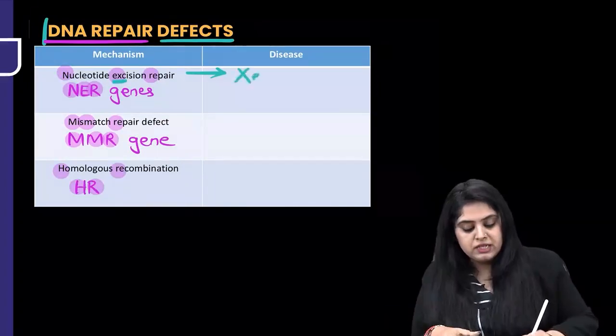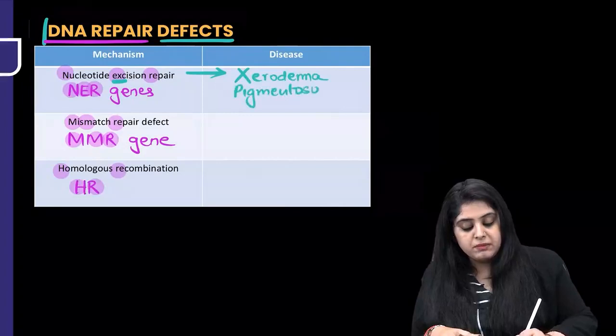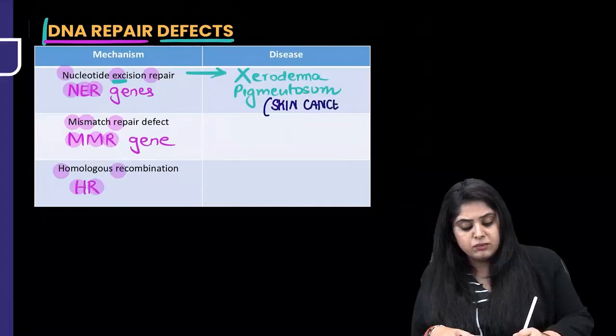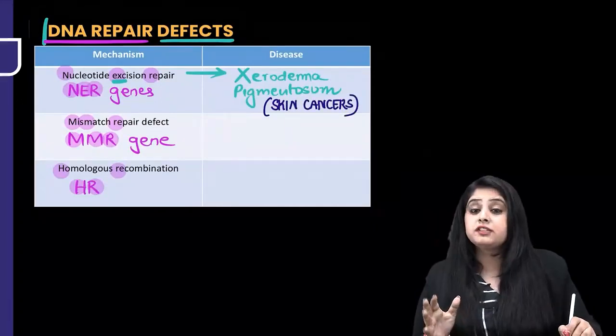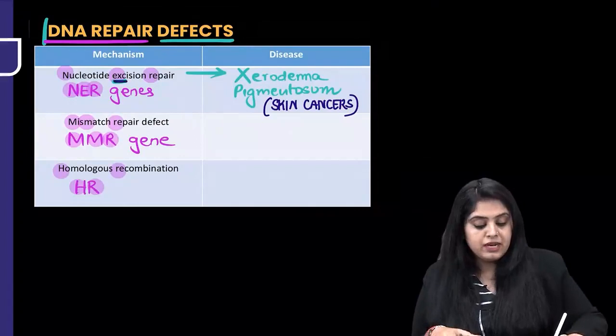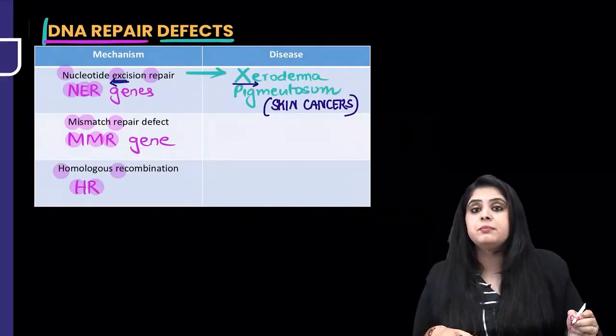So that is going to be a disease called xeroderma pigmentosum. Xeroderma pigmentosum is associated with a lot of skin cancers, basal cell carcinoma, squamous cell carcinoma, lots of skin cancers. So remember, nucleotide excision read opposite, I got XE, xeroderma pigmentosum.